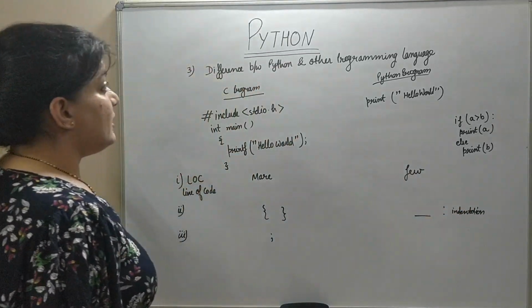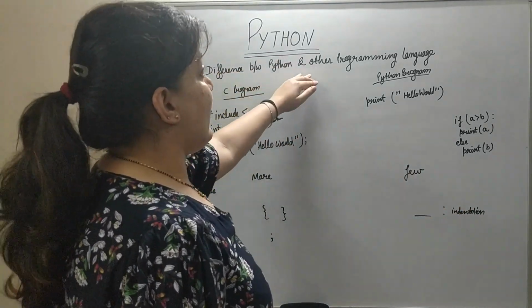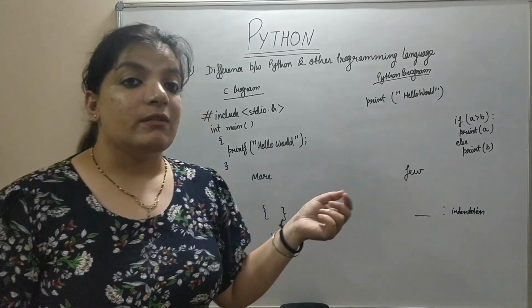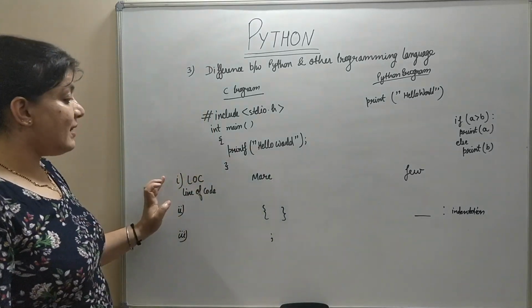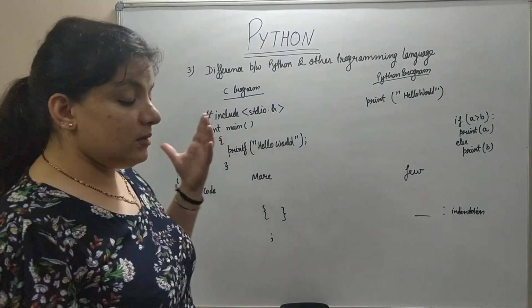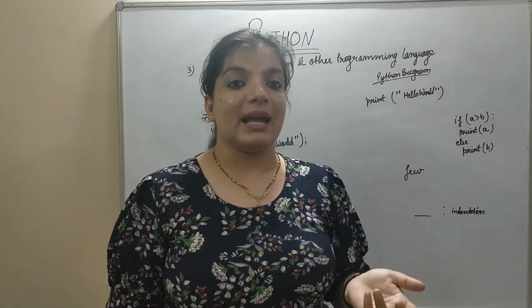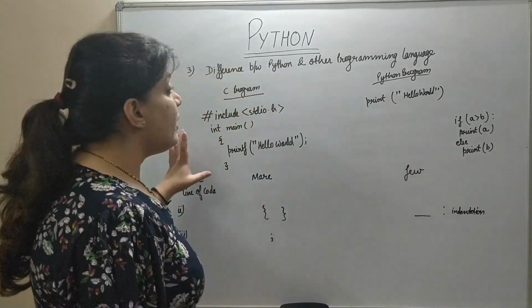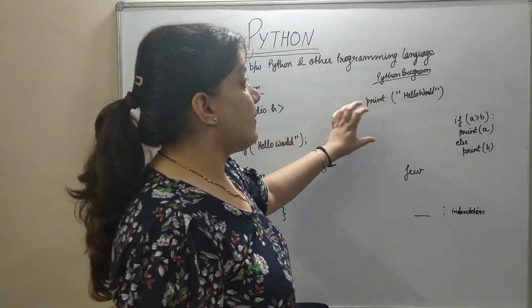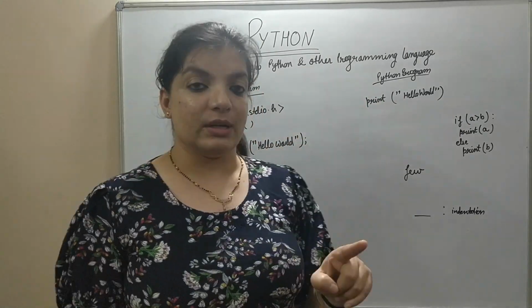So these are all the differences between Python and other programming languages. What is the very first difference? Line of code. In other programming languages, the lines of code are more, while in the Python programming language, the same code is written in one line.